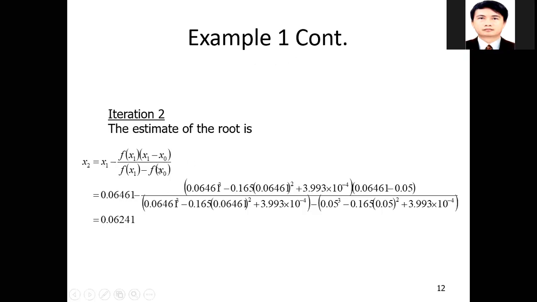Okay. And also f of x sub naught by substituting the value of x sub naught to the given function. So this will give us the value of x sub 2 as 0.06241. No?